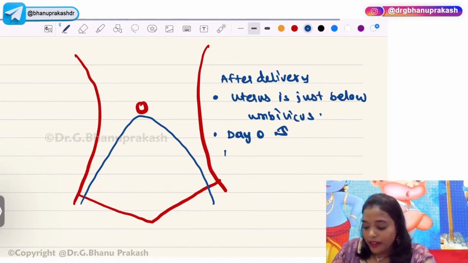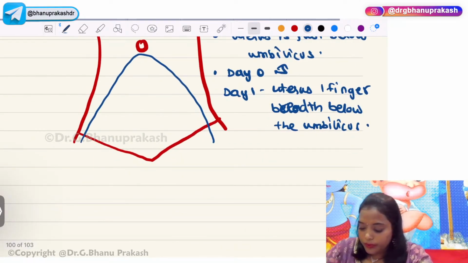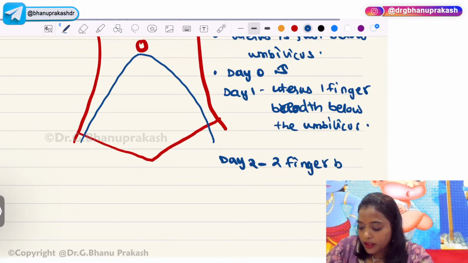So day 1, the uterus is 1 finger breadth below the umbilicus. Day 2, it is 2 finger breadth below the umbilicus.